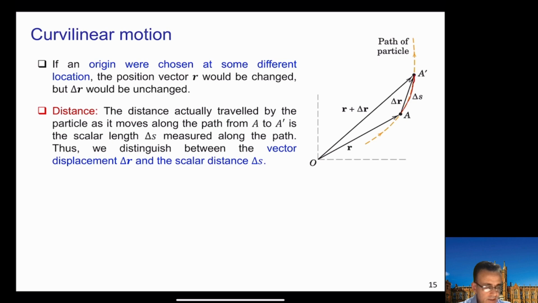The distance will be this line here, and you represent this by delta s, and delta s is measured along this orange path. Thus we distinguish between the vector displacement delta r, which is the shortest distance between A and A dash, and the scalar delta s.